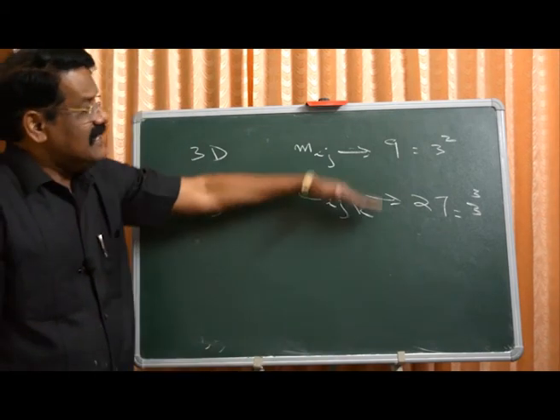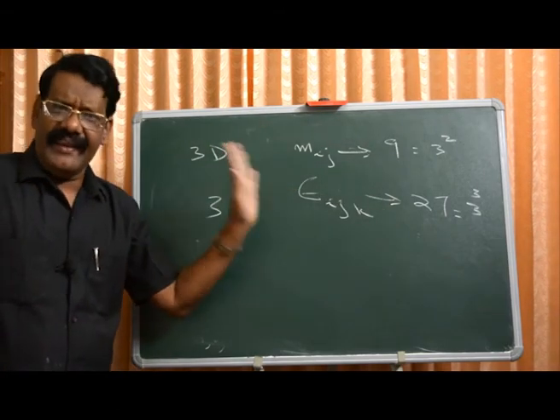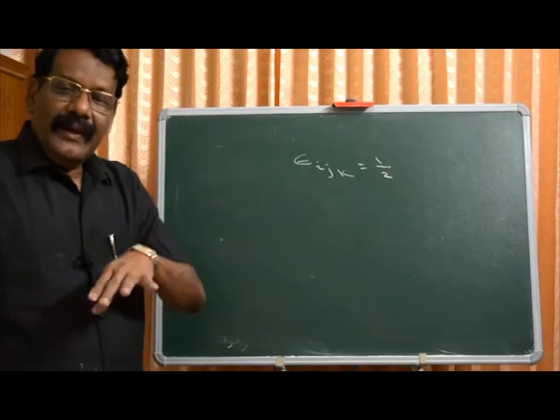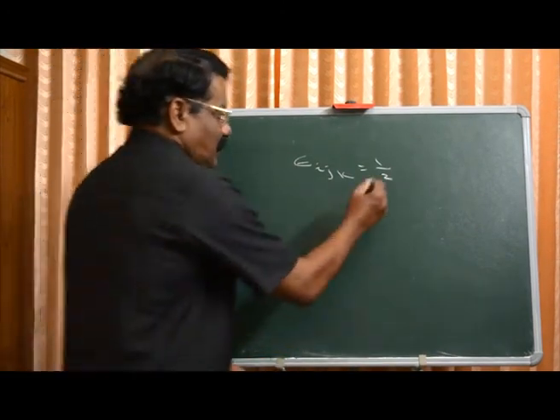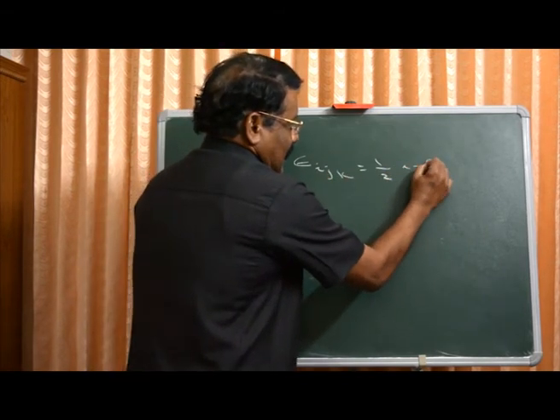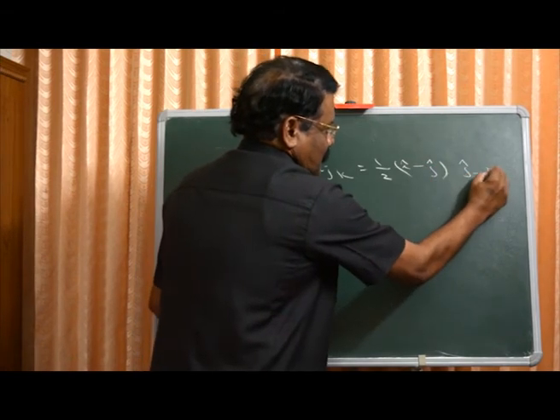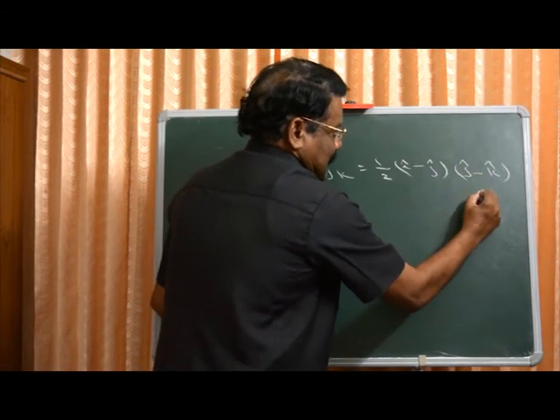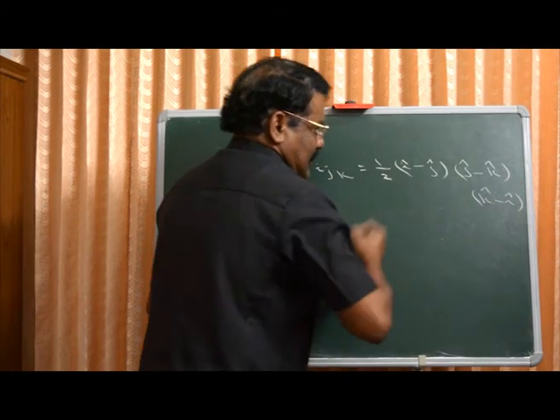So, a very simple formula can be deduced from this very simple analysis. Now, epsilon ijk can be easily found out by using this simple formula. Epsilon ijk is 1 by 2 (i minus j) into (j minus k) into (k minus i). You can go home and verify this.